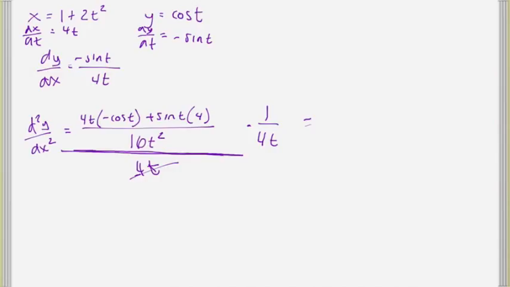And so then on the top, with some cleaning, I get negative 4t cosine of t plus 4 sine of t over 16 times 4, 64 t cubed.